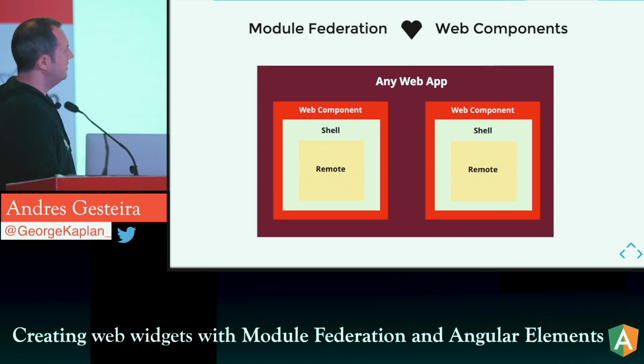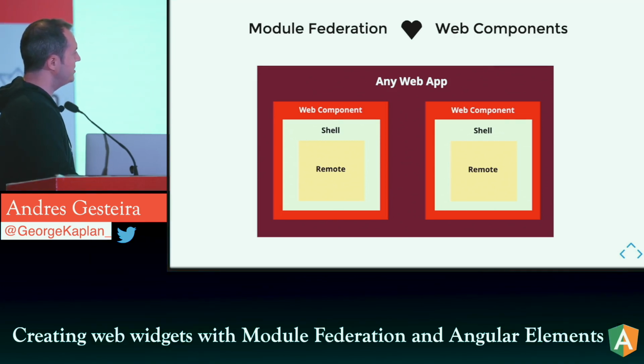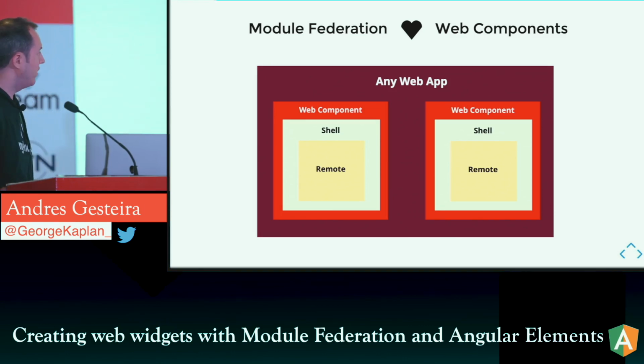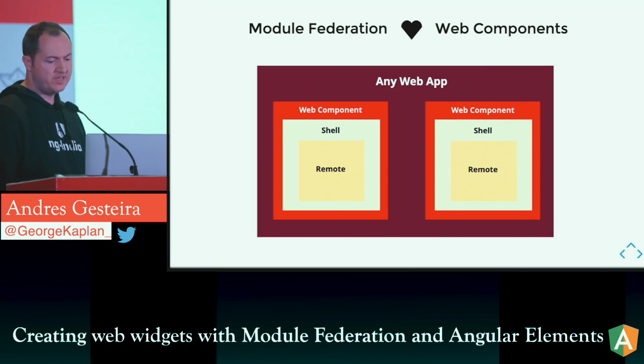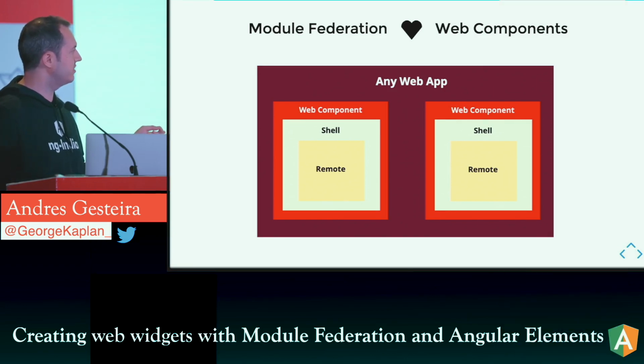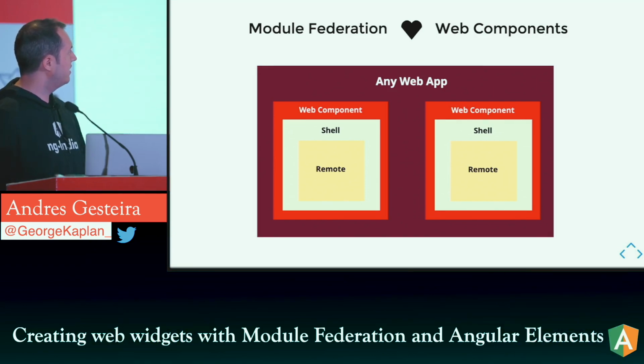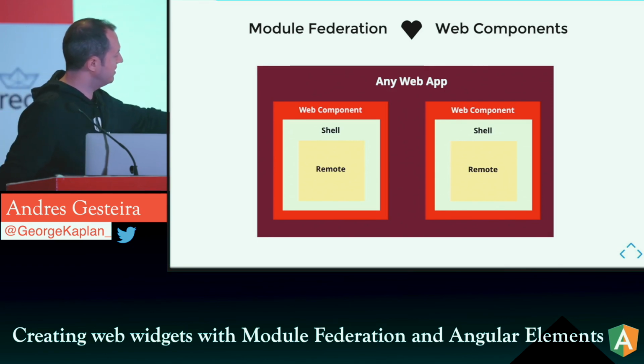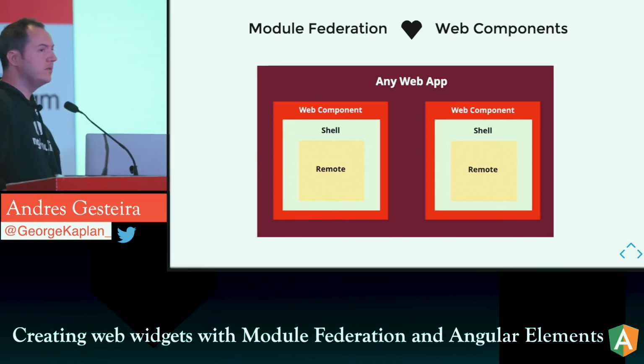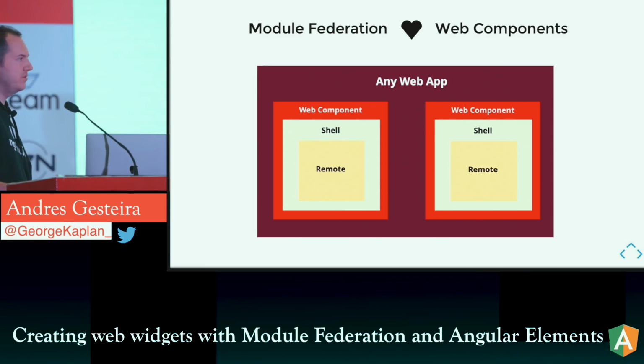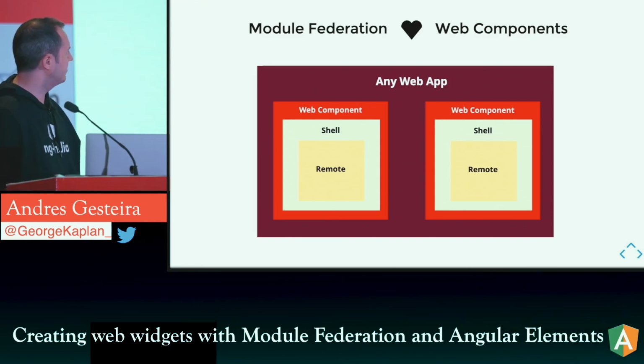And of course, like I said, you don't have one shell and several remotes. You have many shells, or as many shells as you want. Actually, in most of the pages where we are integrating this solution, it's only one web component with one shell inside and one remote inside. But you have to make it scalable, right? So in the end, there may be several.